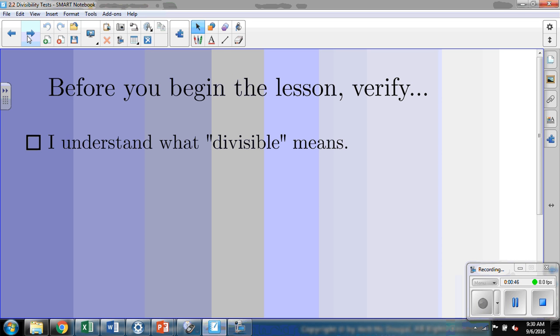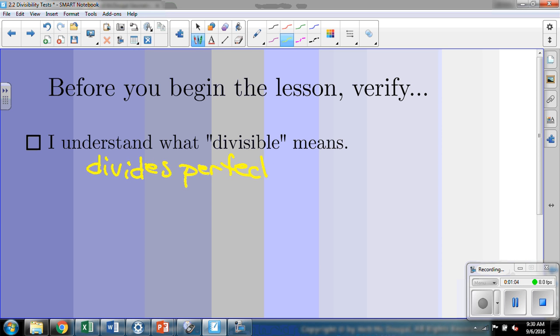Now, before we go on, make sure you understand what divisible means. Divisible, quite informally, means it will divide in perfectly with no remainder.